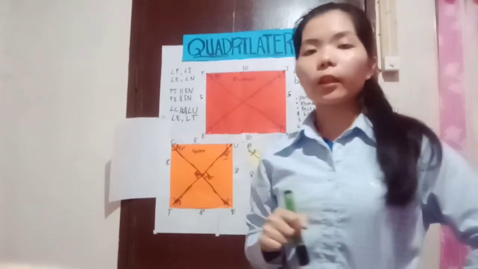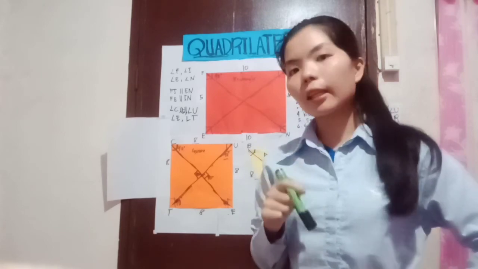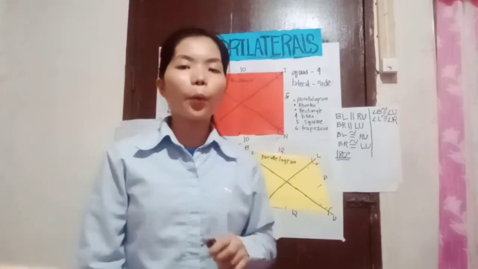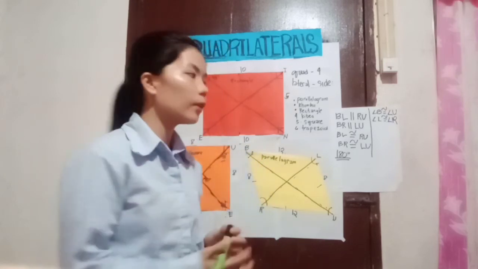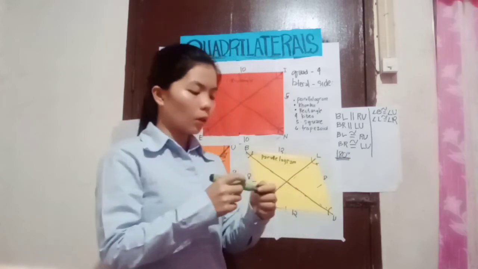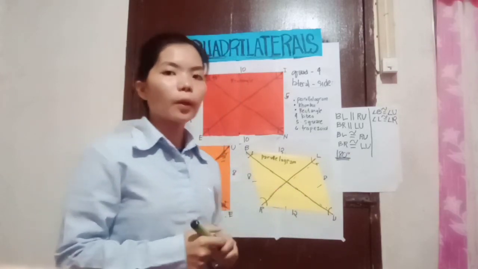When we say consecutive angles, they are angles that follow each other in a sequence. Two angles are called supplementary when their measures add up to 180 degrees. So as I said a while ago, consecutive angles are supplementary.